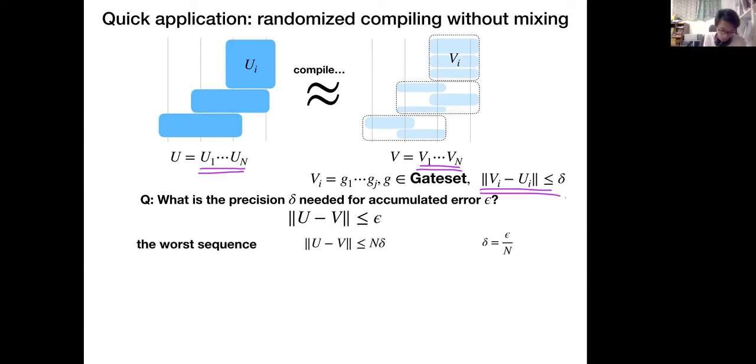And in the worst case analysis, if you just use triangle inequality, these errors accumulate linearly, which is pretty bad. Okay, it means that you have to keep the local approximation very accurate. And this is sometimes called coherent noise.